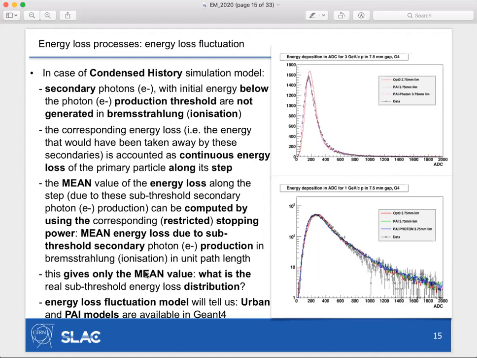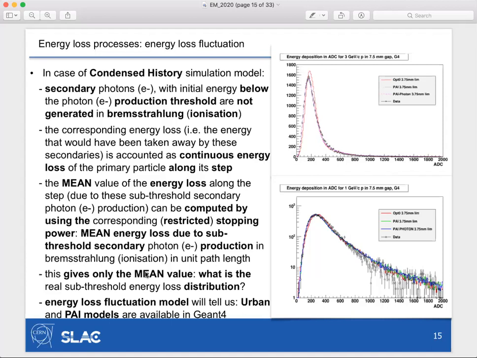Imagine this simple experiment that I showed just before, the 5 micron silicon. If we describe the subthreshold energy loss just with the stopping power, we will get a mean value.